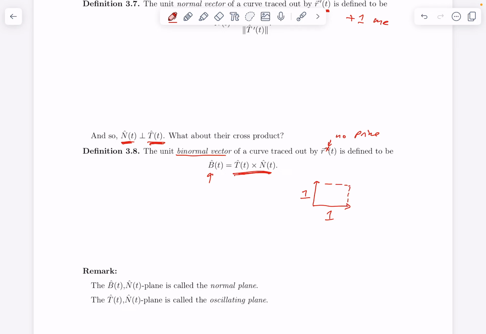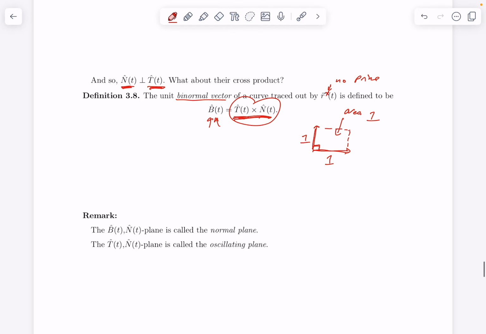And it just so happens that these are orthogonal, and both of them are unit vectors. So the area here is going to be 1. So it can be shown that the magnitude of this cross product is equal to 1. And so we'll call it a unit vector.